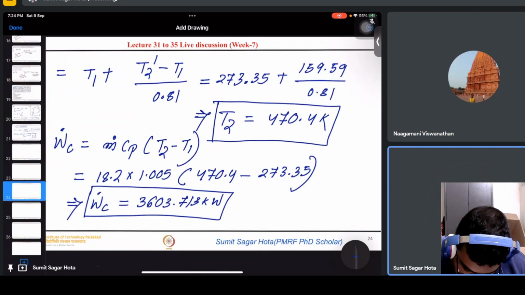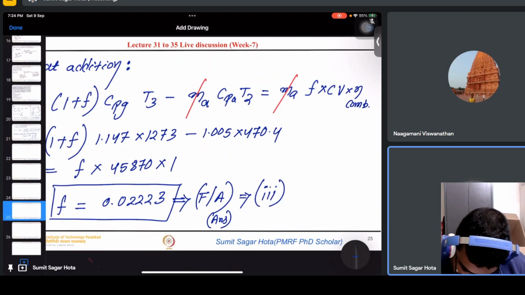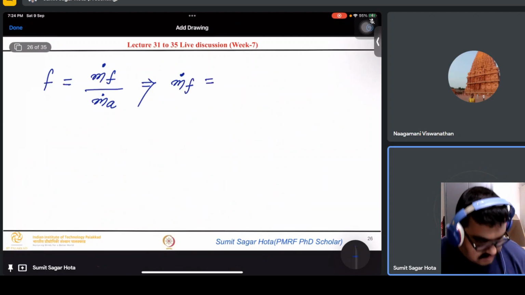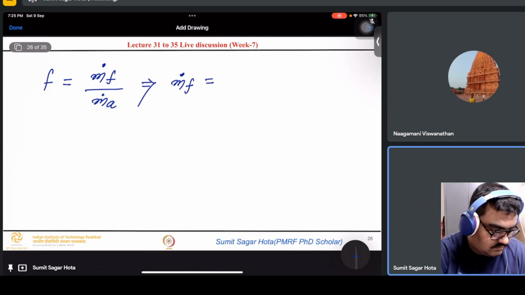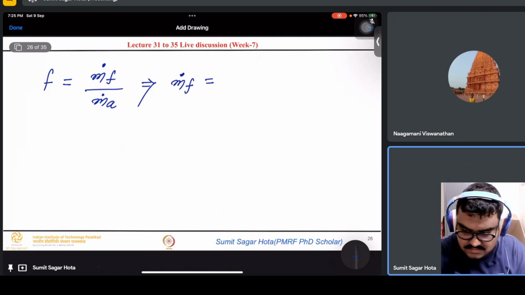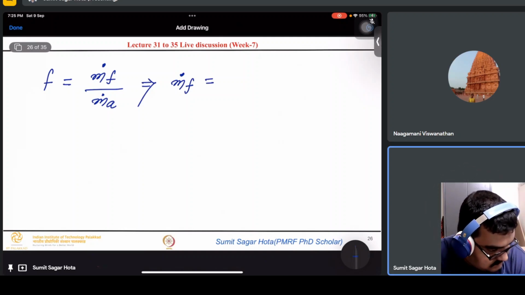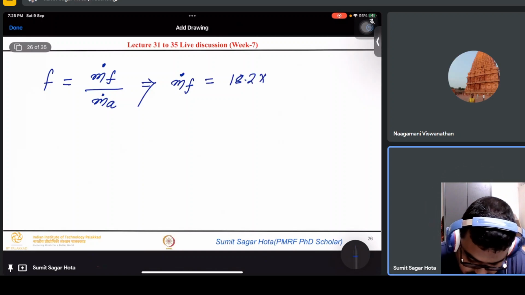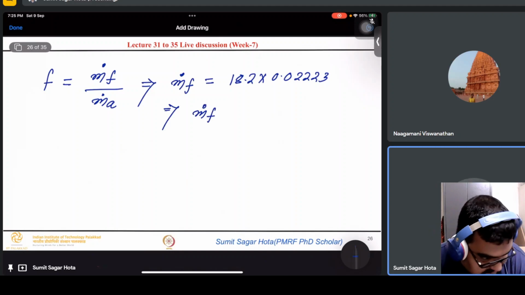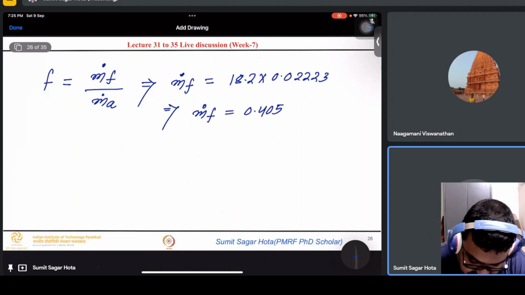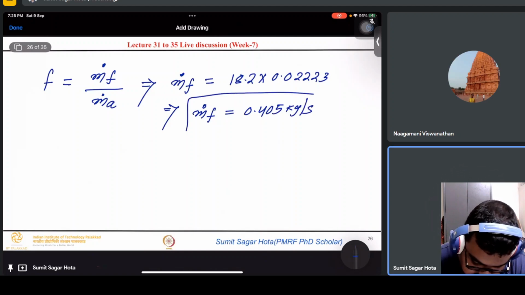So this we find out, third bit: m dot f is equal to 18.2 into 0.02223. M dot f is 0.405 kg per second.